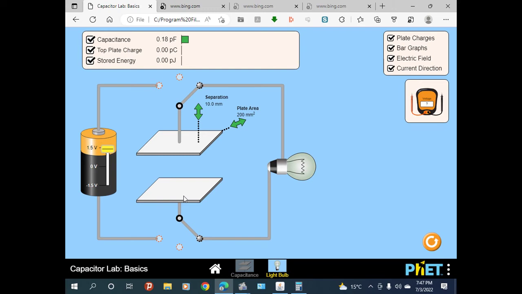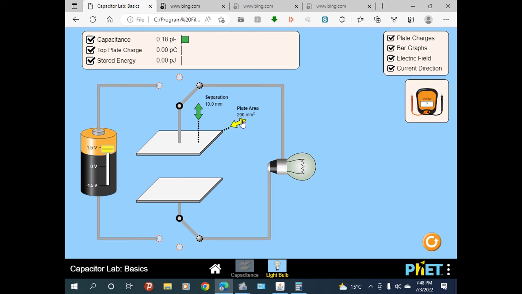So when a capacitor discharges through a resistor or bulb, the capacitor acts like a battery to drive a current through the resistance. But unlike a battery, the voltage drops rapidly as its charge drains away.